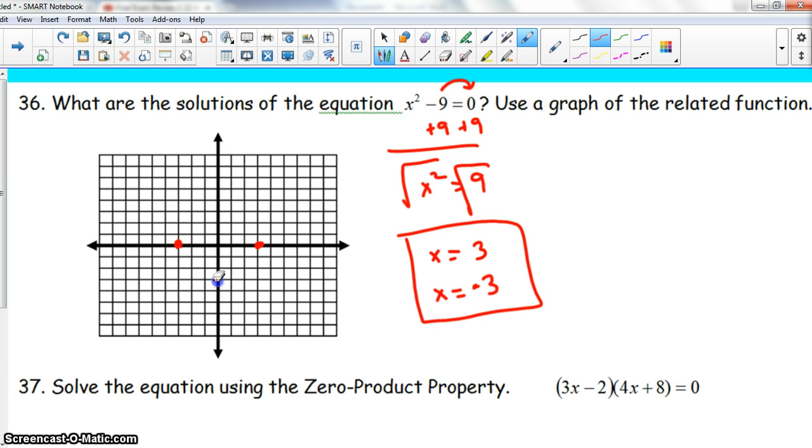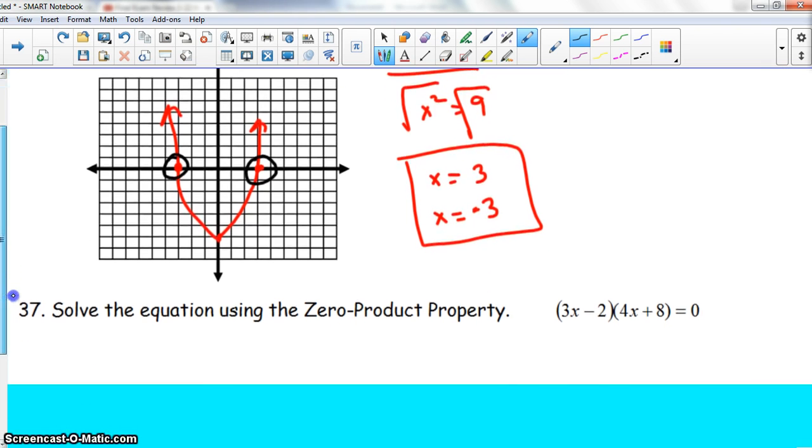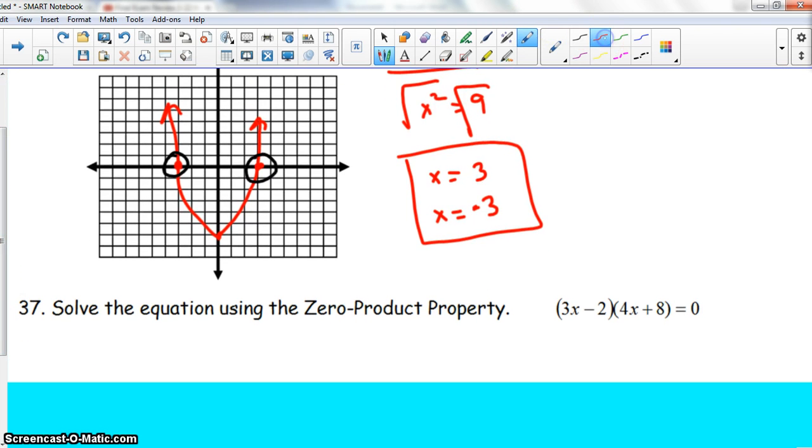So for right now, you can just put it somewhere in the middle and sketch a graph the best you can. The main thing I'm concerned with is, do you know that once you get your answers, those solutions are where that graph crosses the x-axis.